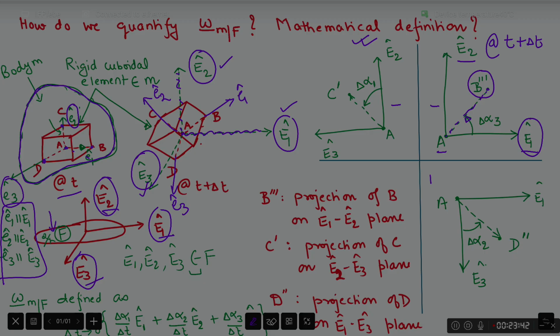Similarly, if I look at the plane of A, E2 and E3, which is shown here, I am identifying the projection of point C on this plane, and that projection is C prime. Then I connect C prime to A and measure the small angle that the line AC prime is making with the E2 axis. I call that delta alpha 1.